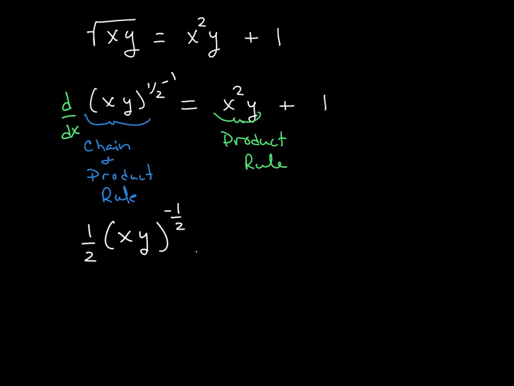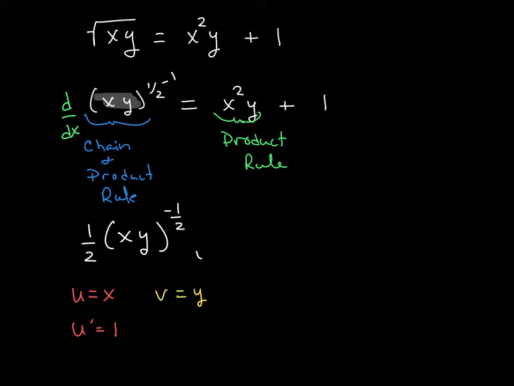Now, the derivative on the inside, all of this, that is where I need the product rule. So you can do this two different ways. Again, if you want to use the UV notation, you can say u is equal to x. The derivative of x is just 1. For v is y.